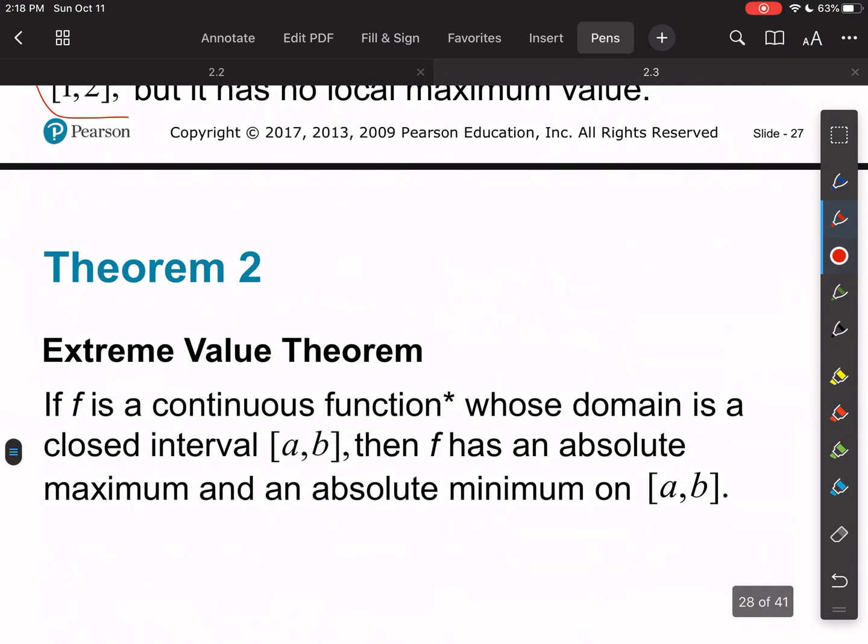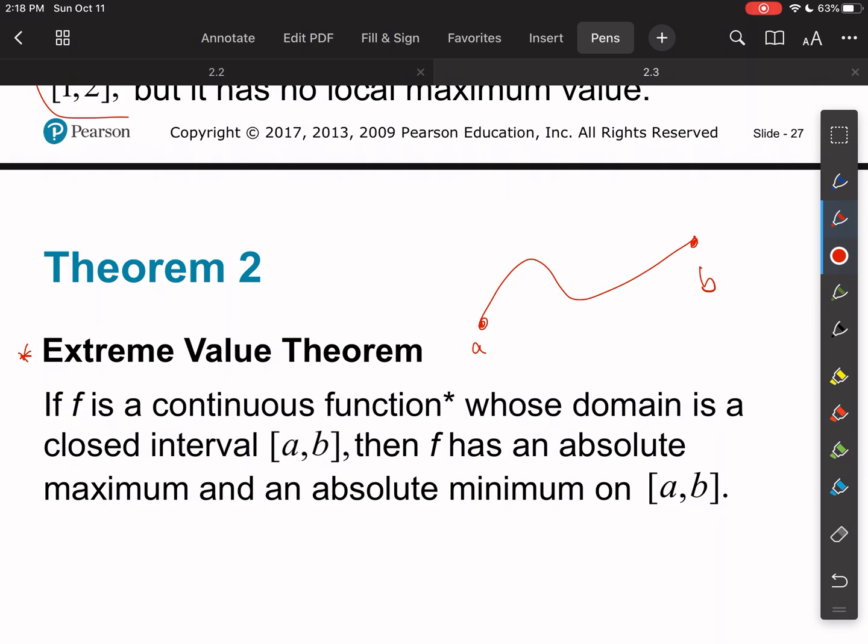So let's look at theorem 2. This is actually an important theorem, kind of a common sense theorem. It's the extreme value theorem, which states if f is a continuous function, right, let's just draw one, something that looks like this, whose domain is a closed interval between a and b, so we can call that a, call that b. Then f has an absolute maximum and an absolute minimum on that function.